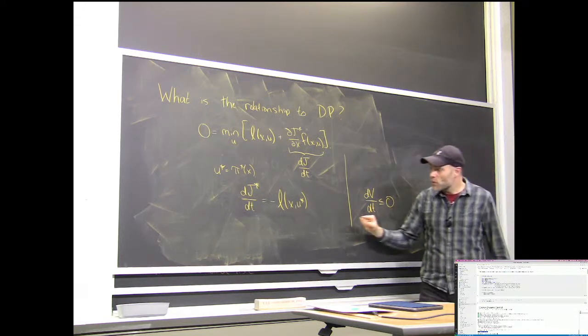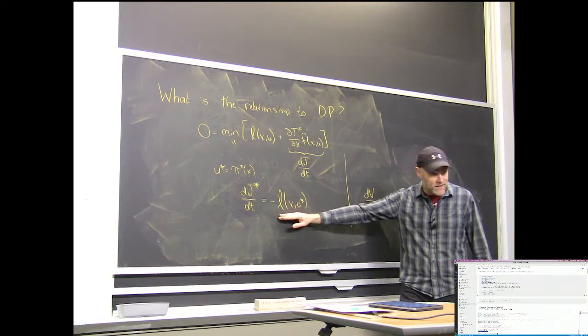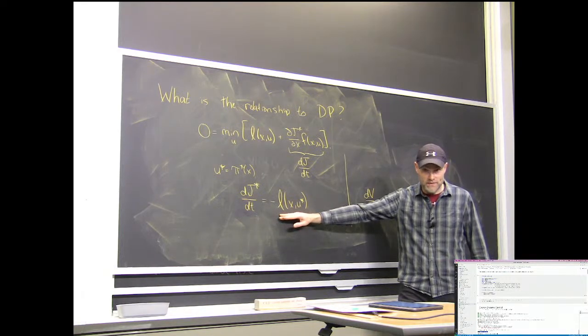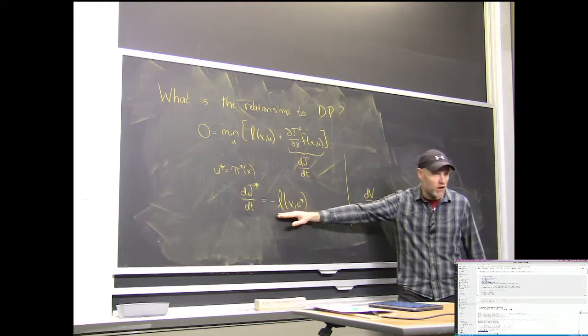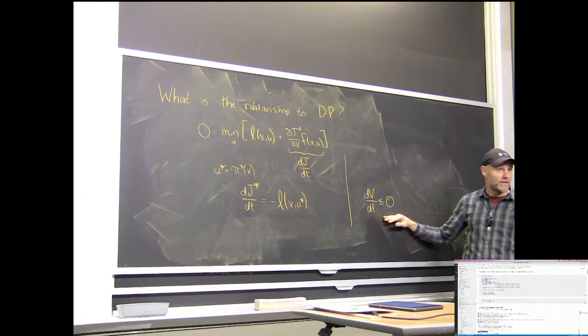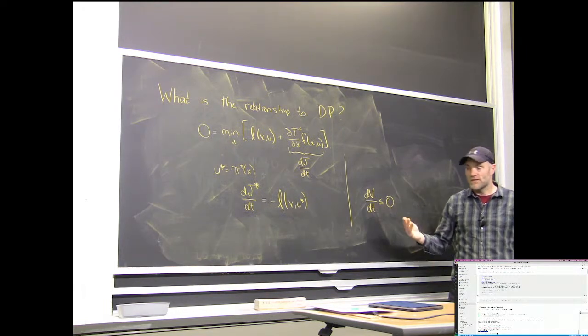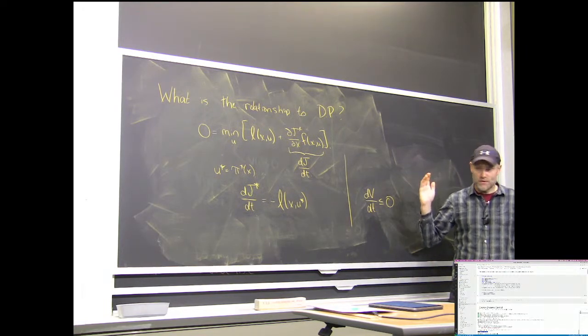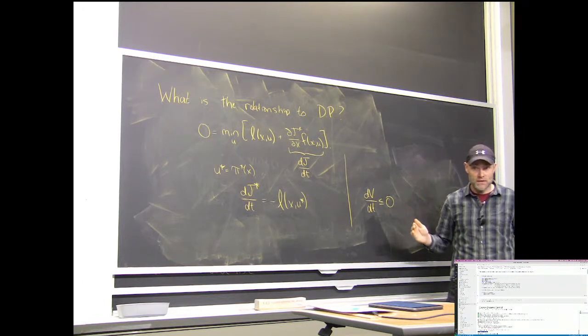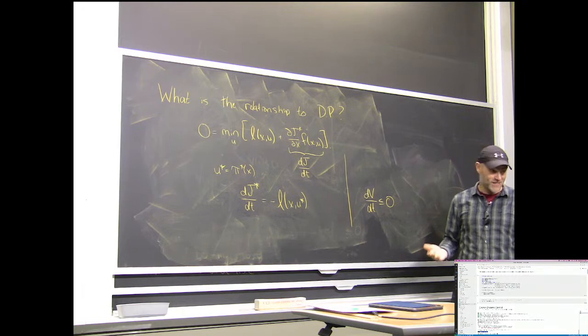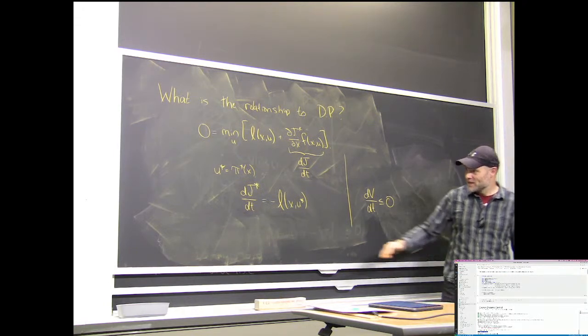Okay. Now there are more connections. If you choose a cost that's only positive, then of course the optimal cost to go is also a Lyapunov function. In all of our candidates the cost was x transpose Qx plus u transpose Ru, for instance. It was always positive. I guess I only give cost, never reward. Sorry.